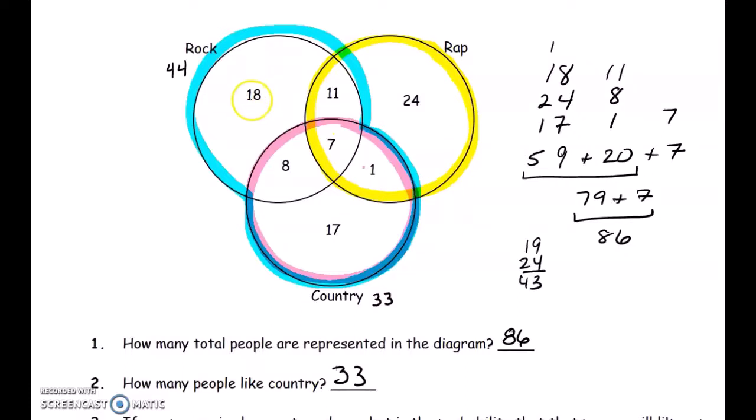So we have 18 plus 11, and then we have 15, 16 here, and another 17 there, for a total of, that's 15 plus 7 is 22, 2, 4, 6, 62 total.